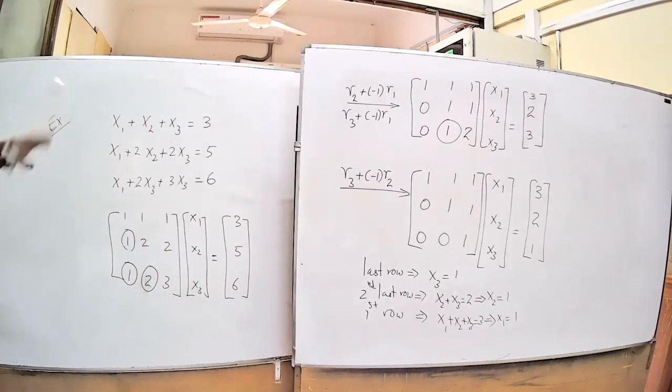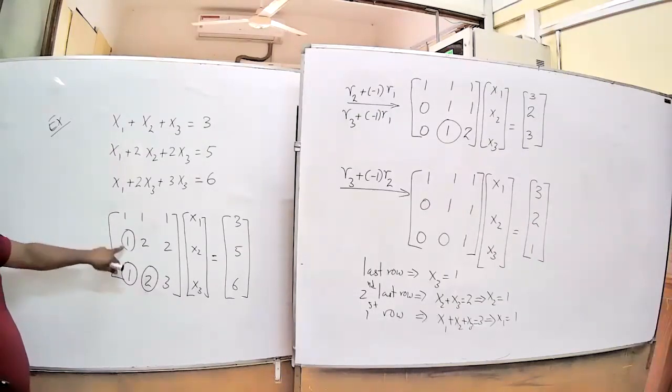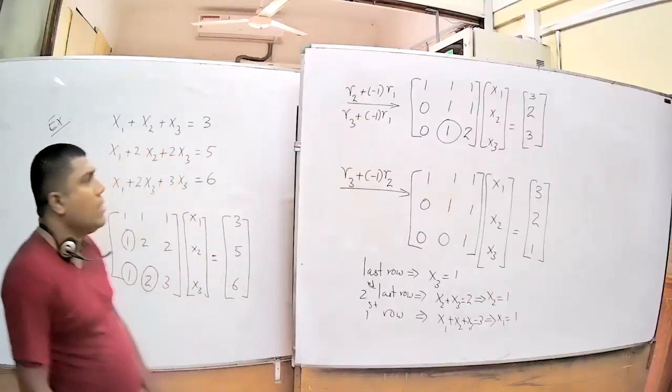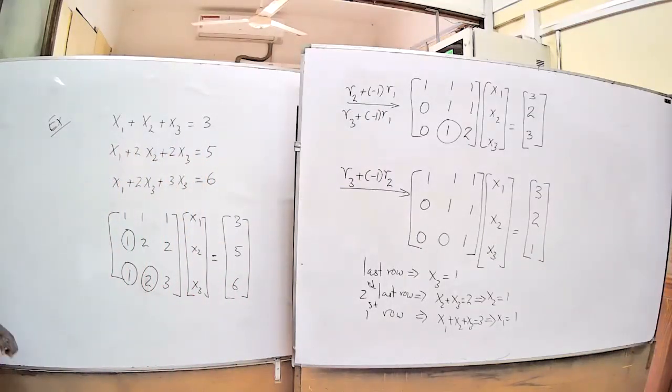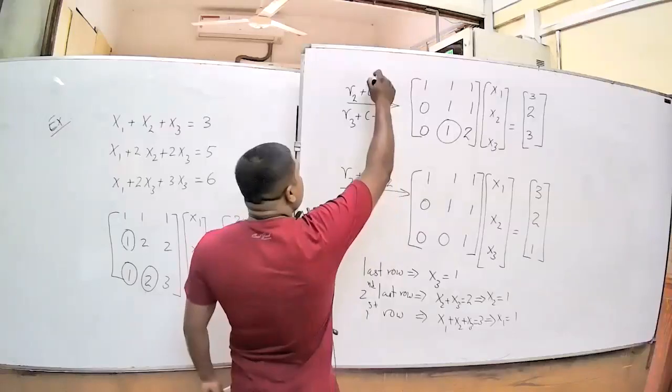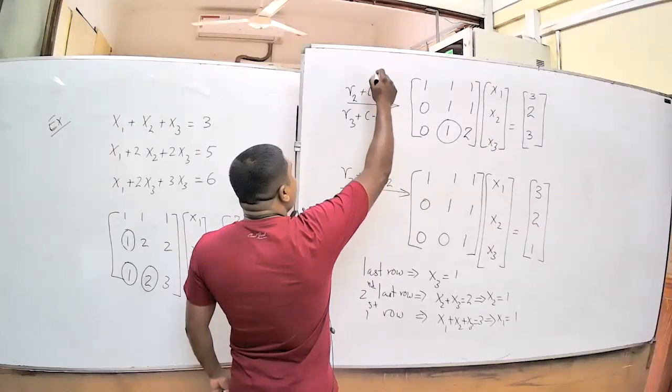This elimination process is called Gaussian elimination, and substituting from the back is called back substitution. So this example tells you how Gaussian elimination works. At each point you multiply a certain row by a constant value and get the work done. Now, how do you get these multipliers? How does this minus 1 come?